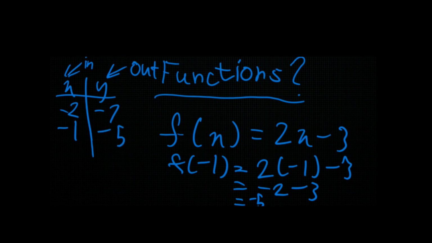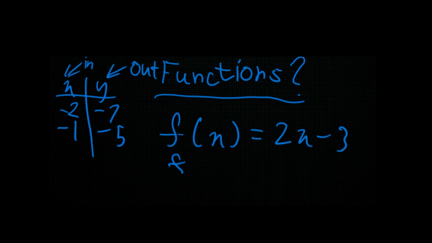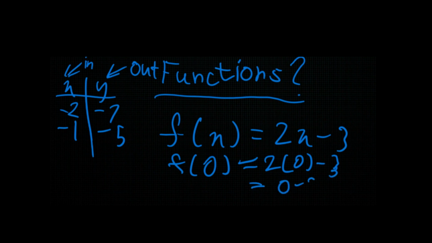So the output of f of minus 1 is minus 5. Now let's use 0. f of 0 will be 2 times 0 minus 3, and 2 times 0 is 0, minus 3, which is minus 3. So for 0 it will be minus 3.